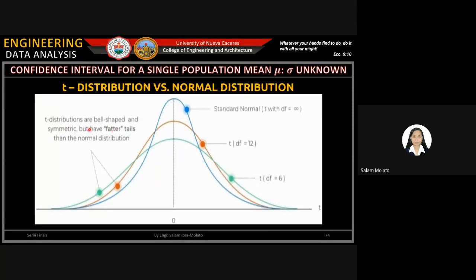So T distributions are bell-shaped and symmetric but have fatter tails than the normal distribution. So this is the difference between the T distribution and the normal distribution. Okay. So as you can see, sabi dyan, merong fatter tails. Just like this, green and the orange one. So this green and orange one nasa fatter tails pagdating dito.